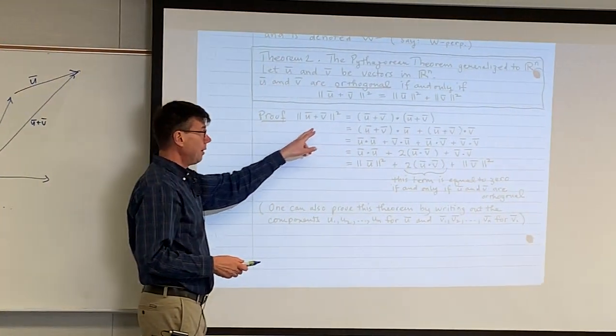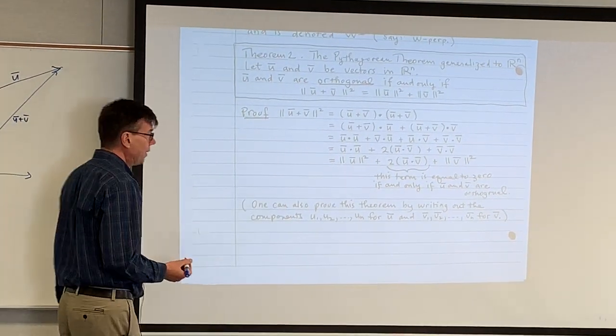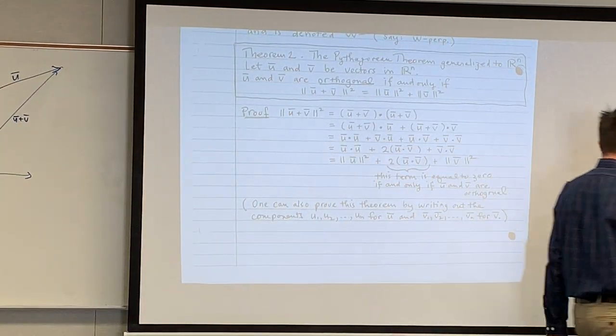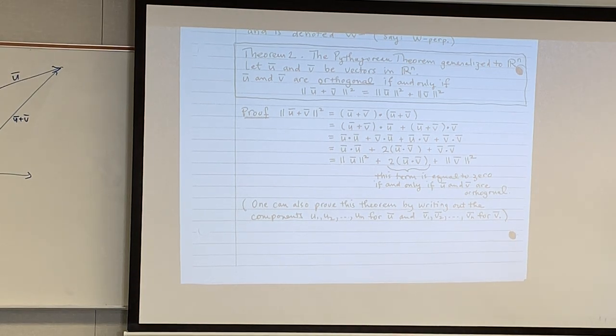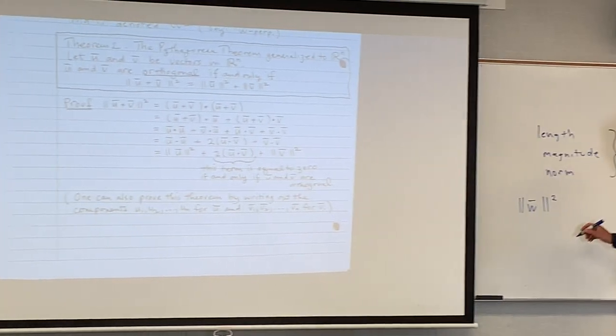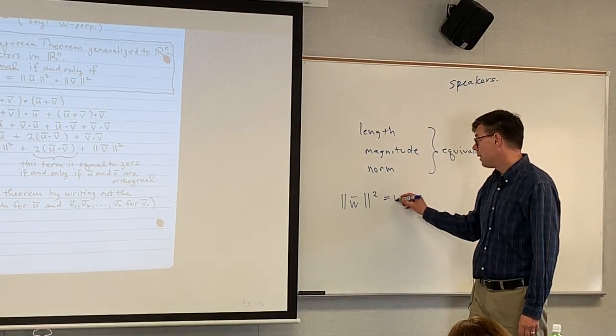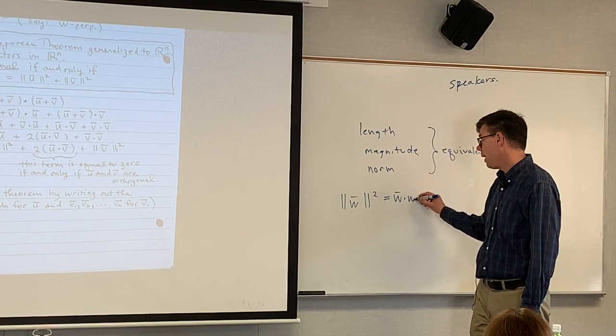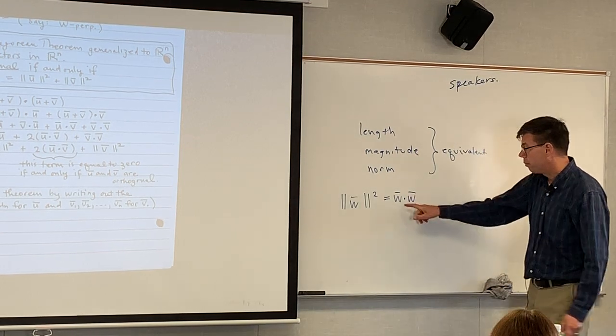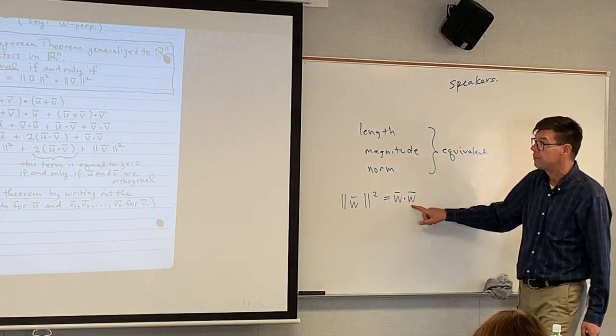What I want you guys to think about is this proof. Somewhere along the way, I made this statement that the magnitude, or the length, of a vector squared is the same as the inner product of that vector with itself, right?